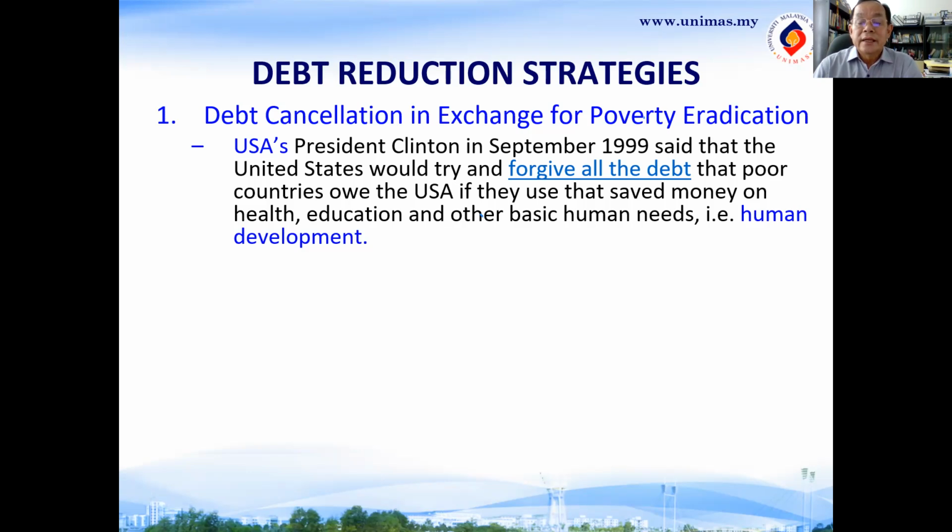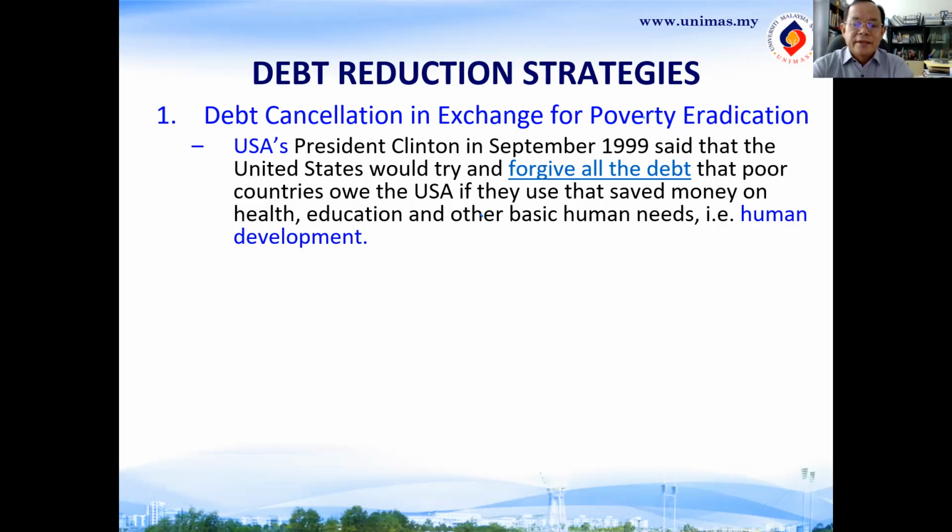So if they promise that that saved money tadi will be spent on health, education, and other basic human needs, in other words, human development. Okay, so the US was ready to forgive all the debt. Jadi semua hutang itu dikira tidak ada hutang lagi lah maksudnya, ya, cancel all the debt.